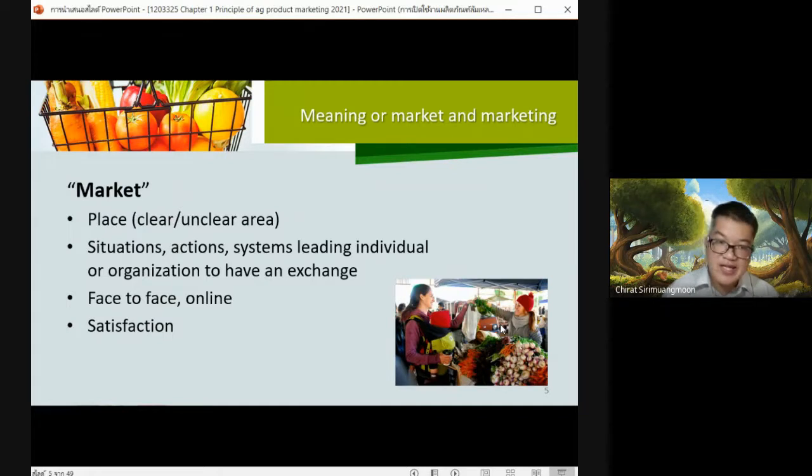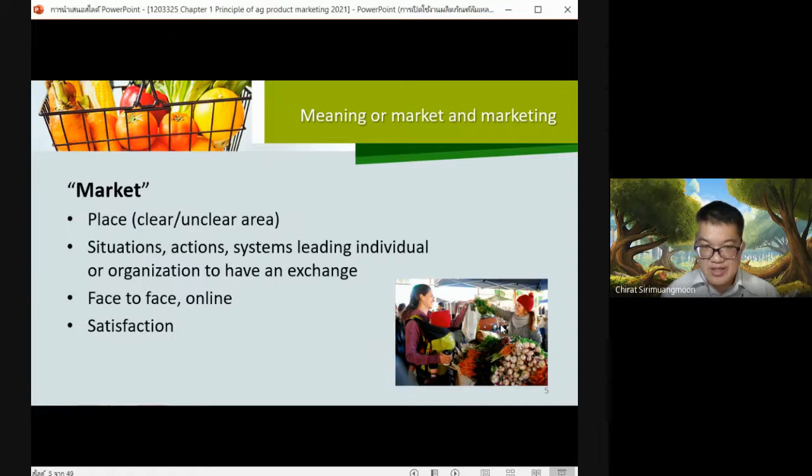So the key point is you should have interaction between seller and buyer for having some exchange. It can be face to face like we just talked, or it can be online. You can have a direct purchase, you can have an indirect purchase as well.